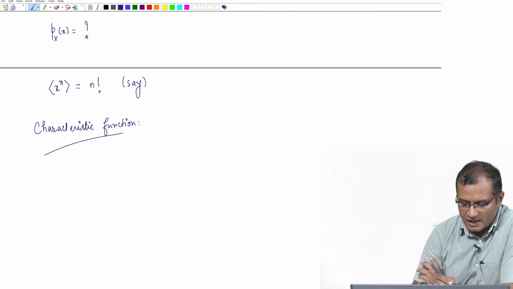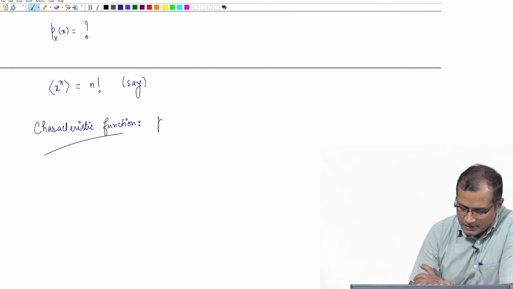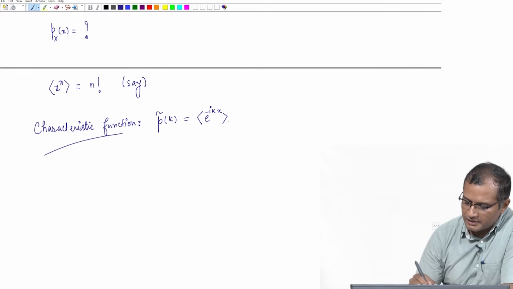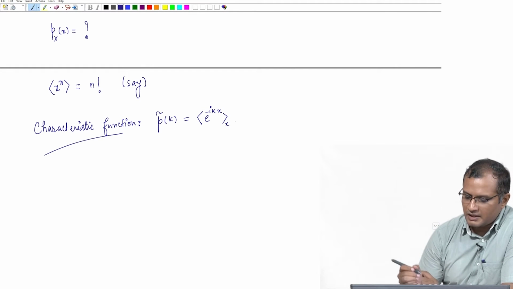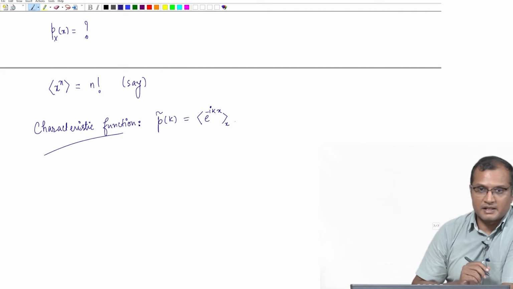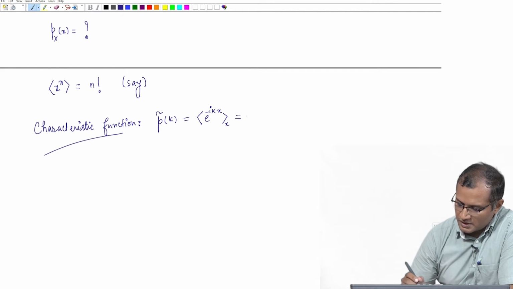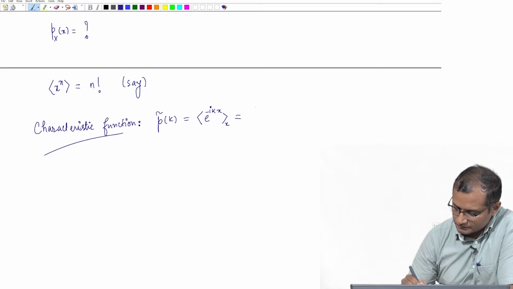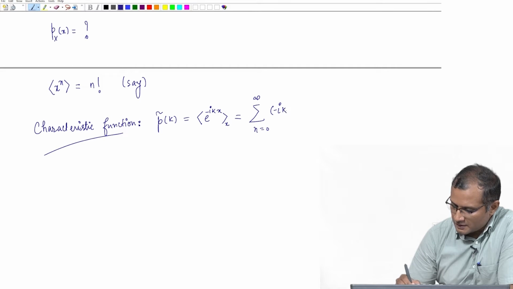And so, I am going to start with the characteristic function, which I know is basically the expectation value of the complex exponential, and here the averages, the angular braces, are basically the averages in the x space. So, this is nothing but the summation n going from 0 to infinity of (minus I k) to the power n, nth moment over n factorial.